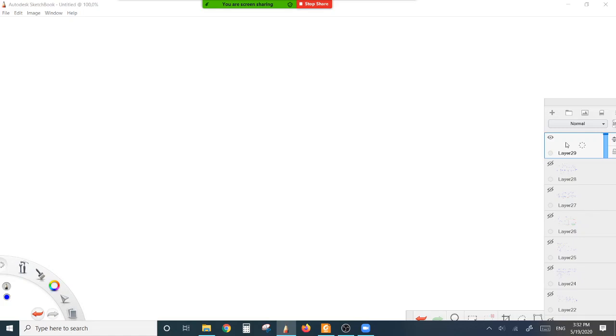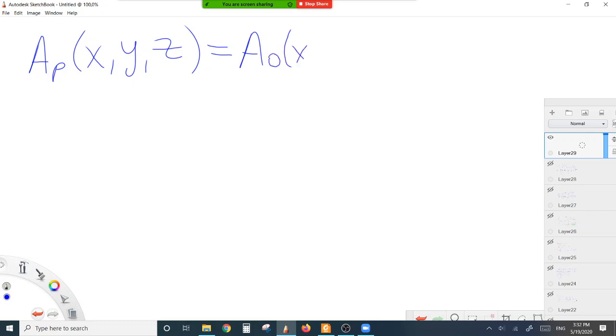For example, if we have a function Ap(x, y, z) equal to a0(x, y, z) multiplied by e to the power of j theta, we have no time here.